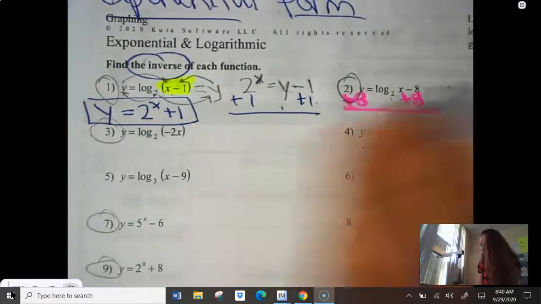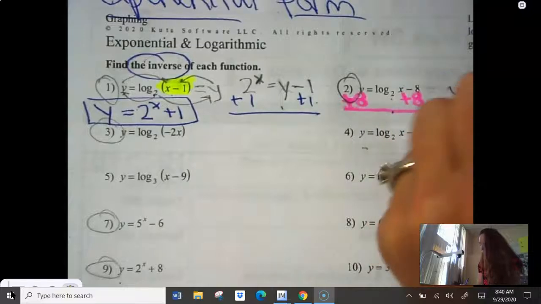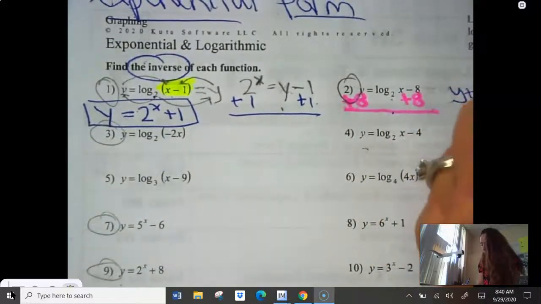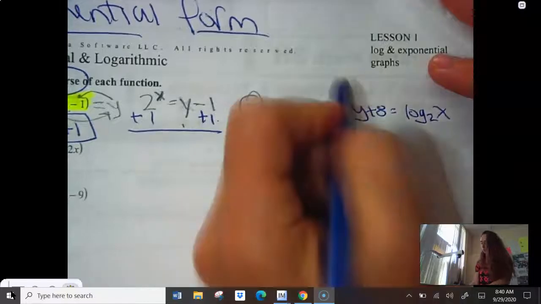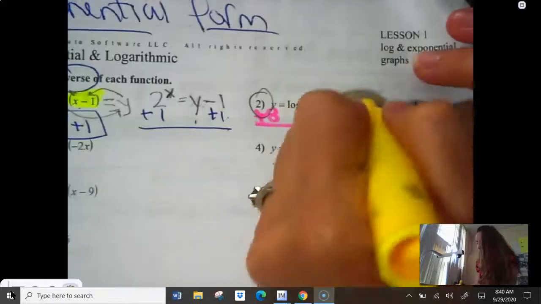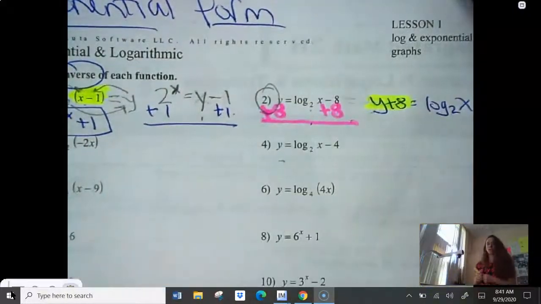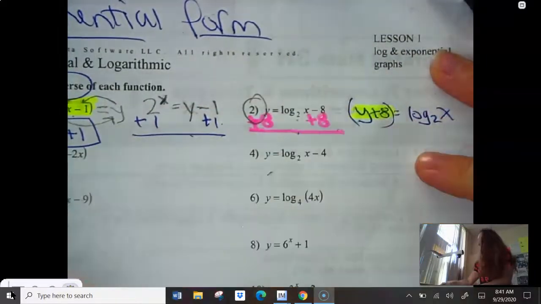Once you just have the log, I'm going to move this over so you're left with y plus 8 equals log 2x. It's one term. Now you can change it to exponential. So in a sense now, this is what your parenthesis is, okay? Now some of you might feel safe putting it on the other side. So I will do that.